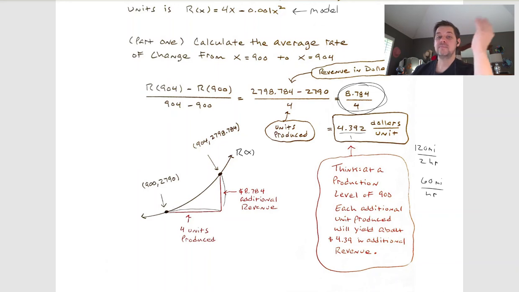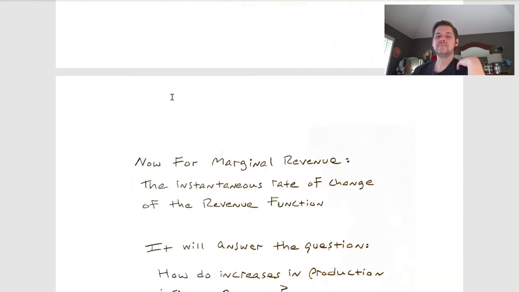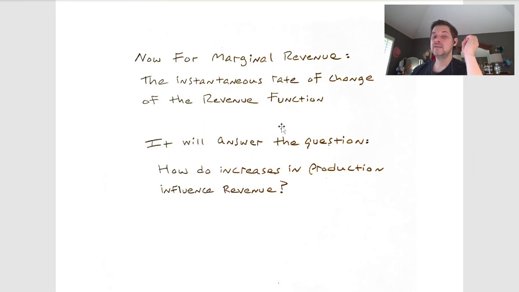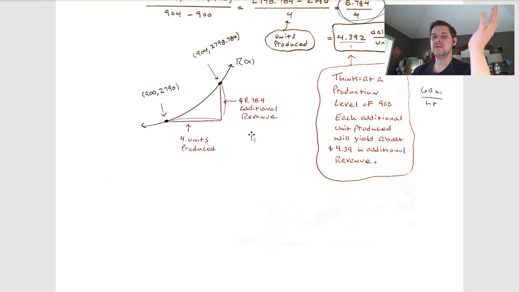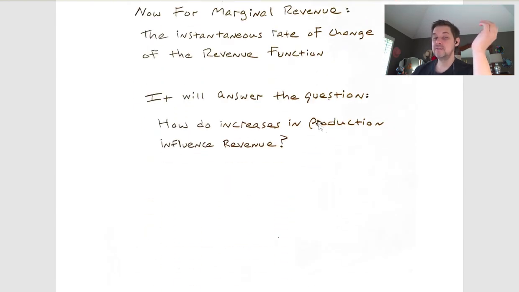This time, in part 1 right here, thinking about it is going to bring us into what marginal revenue is. Now, let's talk about marginal revenue. It is the instantaneous rate of change of the revenue function, and it will answer the question that seemed to be bubbling up over here: how do increases in production influence revenue?